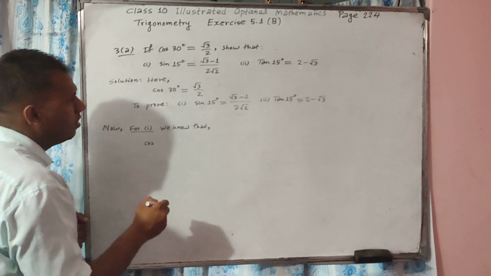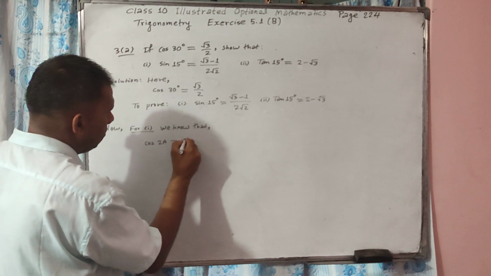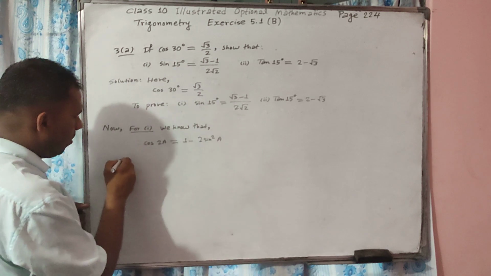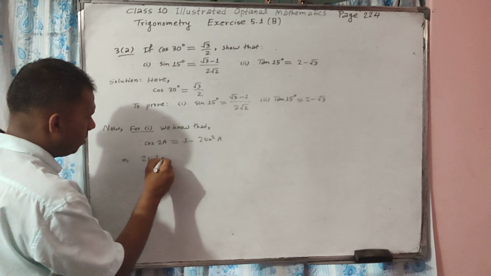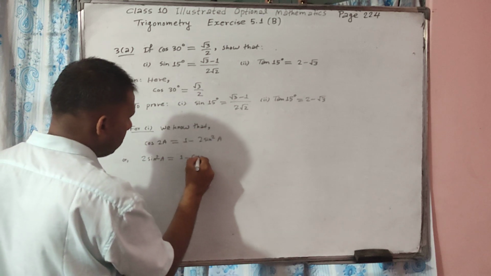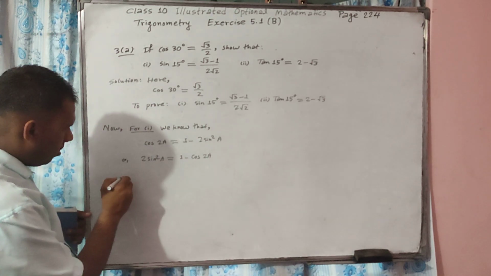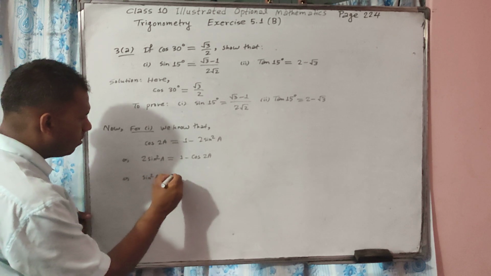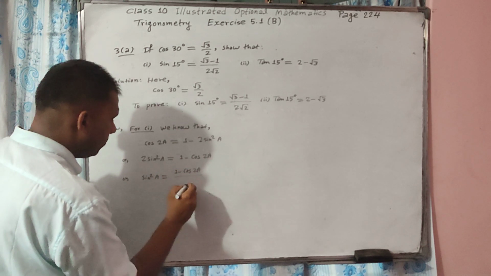cos 2A equals 1 minus 2 sin square A, or 2 sin square A equals 1 minus cos 2A, or sin square A equals 1 minus cos 2A all upon 2.